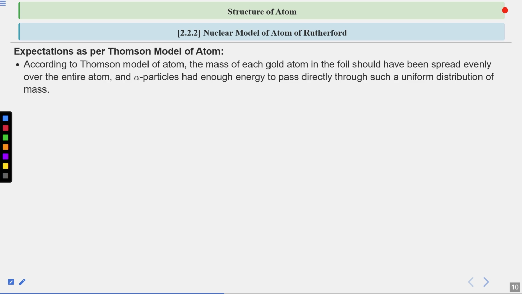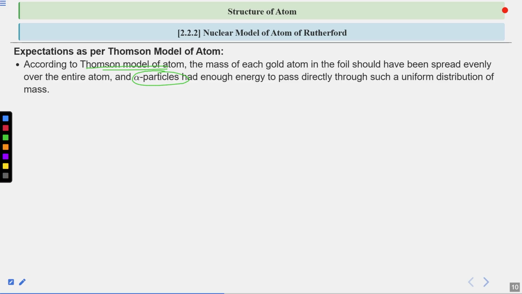Now, if the Thomson model was true, then what would happen? Your alpha particle would be reflected back. Every alpha particle would be reflected back. And why is it so? Because according to the Thomson model, the whole atom is a bed of positive charge.